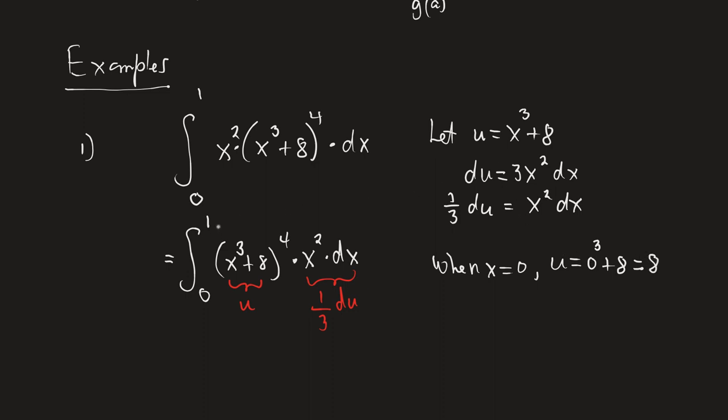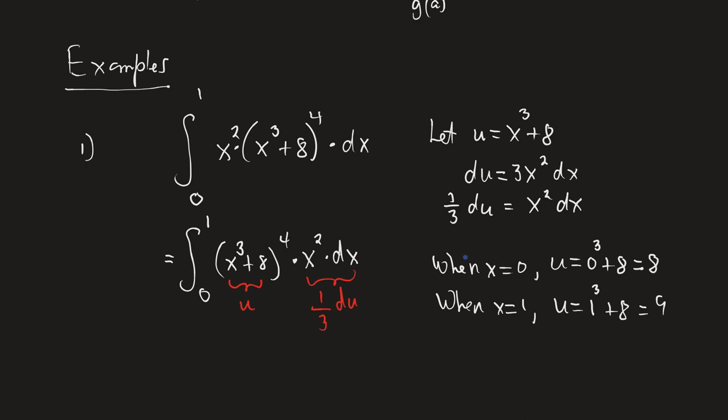And then figure out the new upper limit when x is equal to 1. So repeat this process. When x is equal to 1, u is equal to 1 cubed plus 8, and that's 9. Now, I'll color code this.